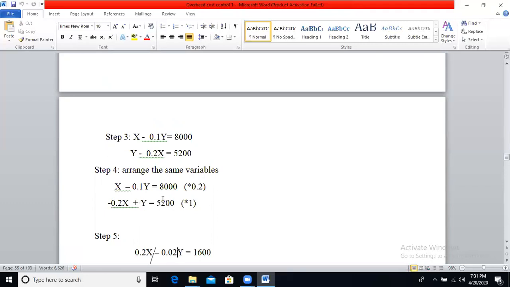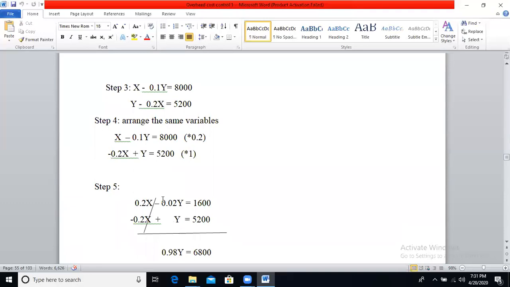So in order to calculate the values of x and y, we need to cancel any one variable. If you want to cancel x, you have to get the same values with different signs. So you have to cross multiply this. For the second equation, x represents 1, so you have to multiply with 1. And for the first equation, in order to get the different sign, we need to multiply with plus 0.2.